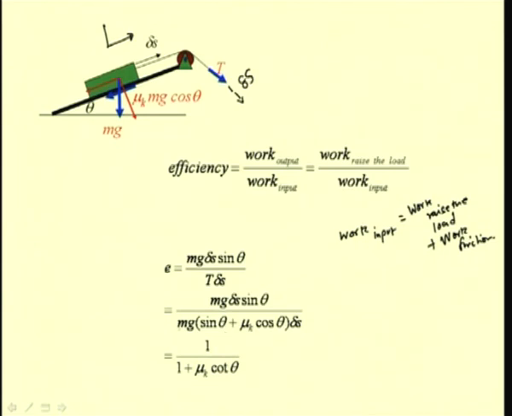So, now we can remove these common terms and we find the efficiency as 1 by 1 plus mu k cot theta. So, we see that this method of virtual work can be used to find the efficiency of a system.